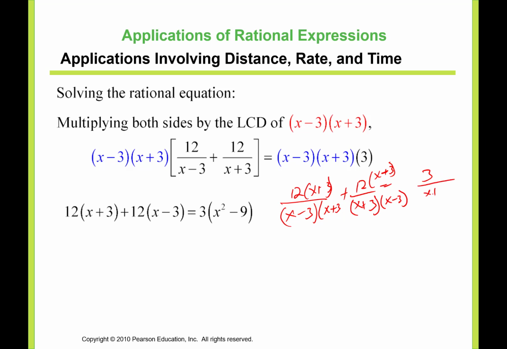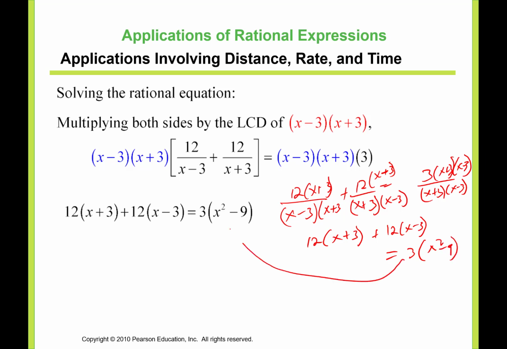And then this is x plus 3, x minus 3, x plus 3, x minus 3. Now the denominators are all the same to equalize the fractions. This is simply going to be 12 times x plus 3 plus 12 times x minus 3 equal to 3. Now this is the difference of two squares, so that's x squared minus 9. So that is how I arrive at that.